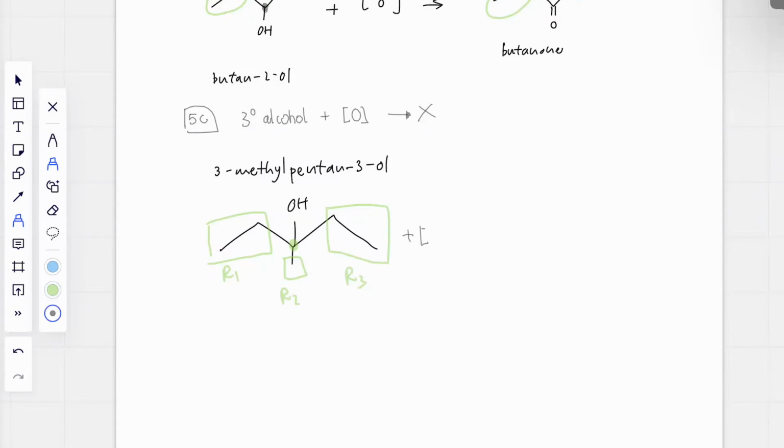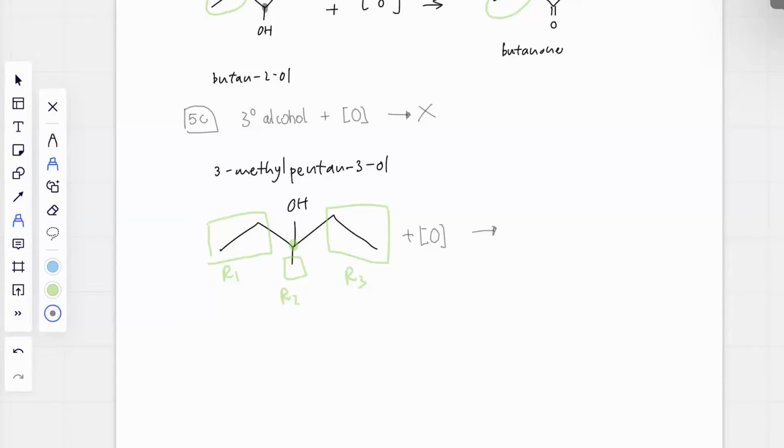Try, add the oxidizing agent. Try draw the product. Is it because the middle carbon will have 5 bonds? Yes, correct.